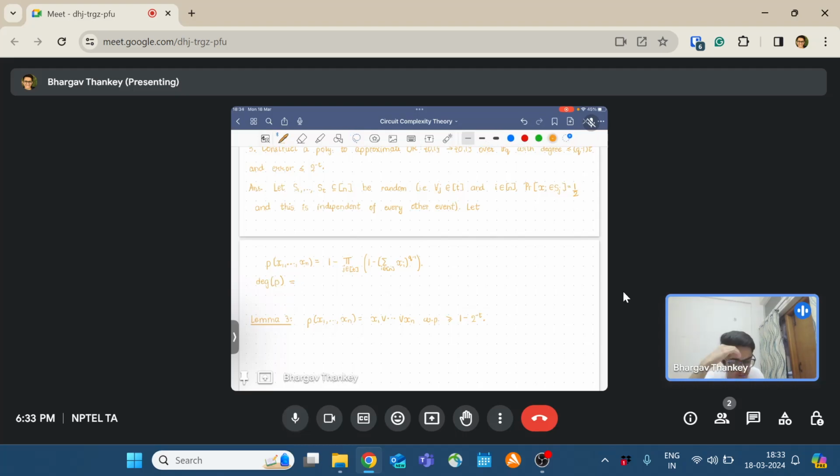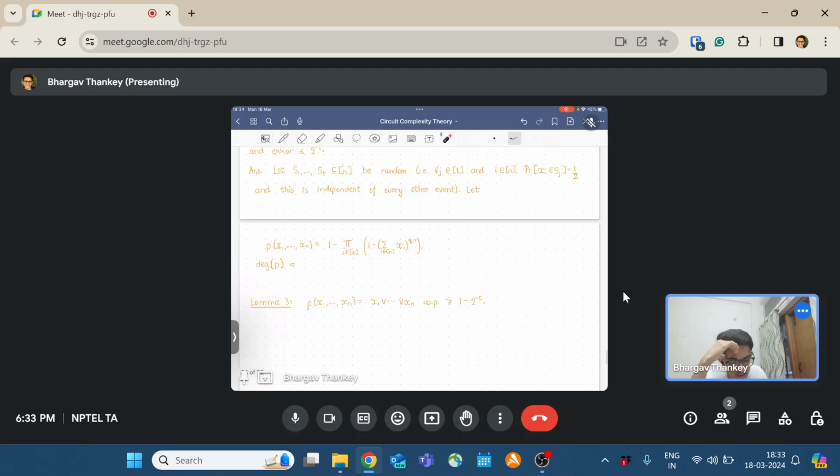The degree of P is, the degree of this term is Q minus 1, and we are multiplying this t times. So the degree of this entire thing is Q minus 1 times t. So the degree is fine.